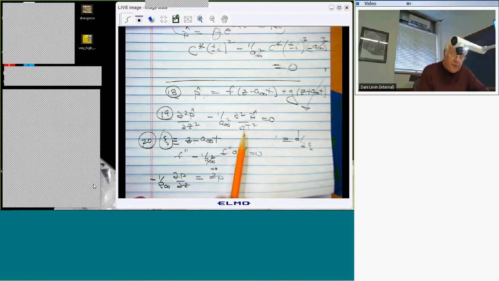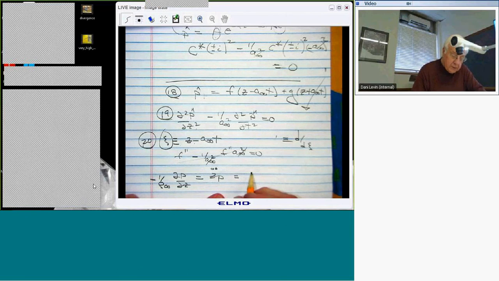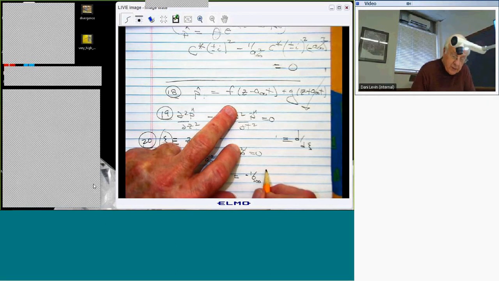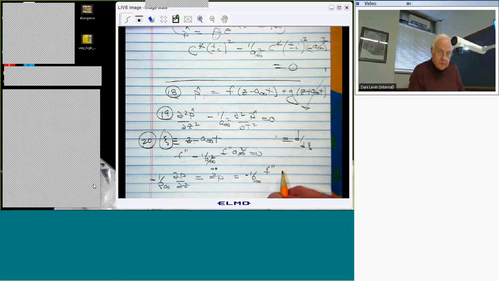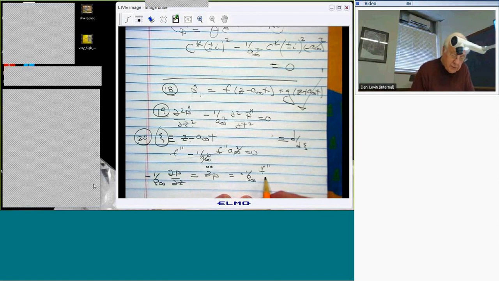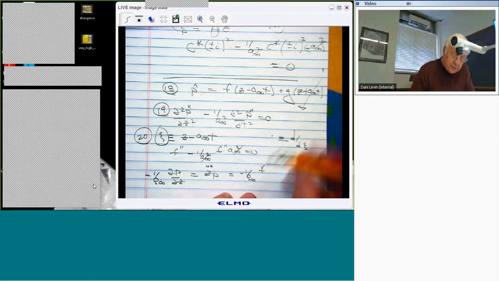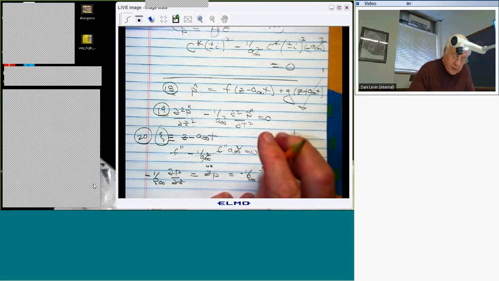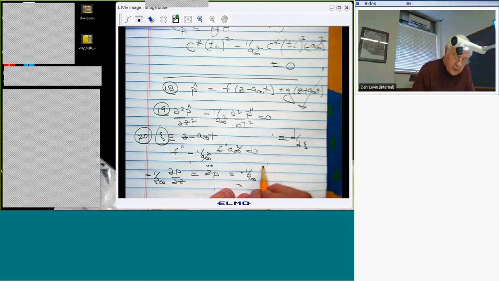So this tells me that minus 1 over rho infinity df dz at z equals 0 equals, I think I'm going to get it now.